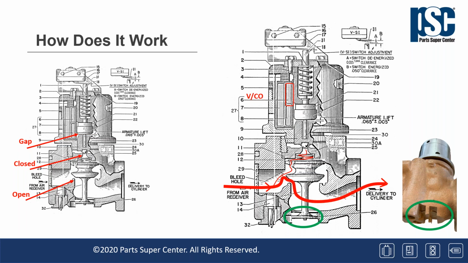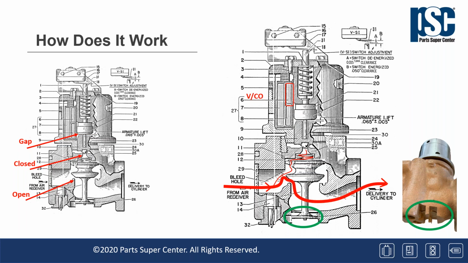This winding has the reverse polarity of the close winding, and it's there to demagnetize the pole piece that we permanently magnetized earlier, allowing the pilot armature to drop and seal on top of the pilot armature seat under the influence of the pilot armature bias spring above it. If we didn't have this cutoff winding, the pilot armature would continue to be raised even though the current was cut off from the close winding VC.